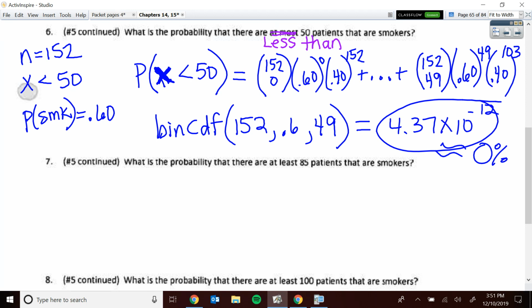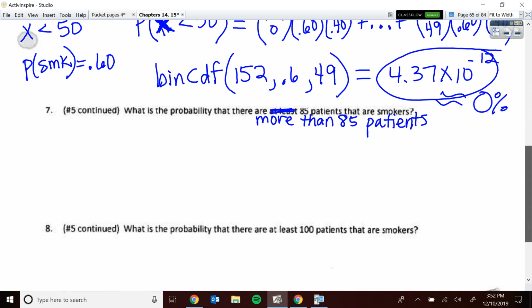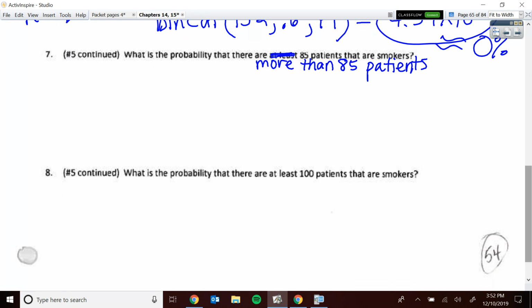I got to thinking that I really do want to do just one more with you. And it's this one because I want to change this to more than 85 patients. I want to make sure we're getting the correct accumulation. All right, last problem, promise, and then I'll let you go on your work.